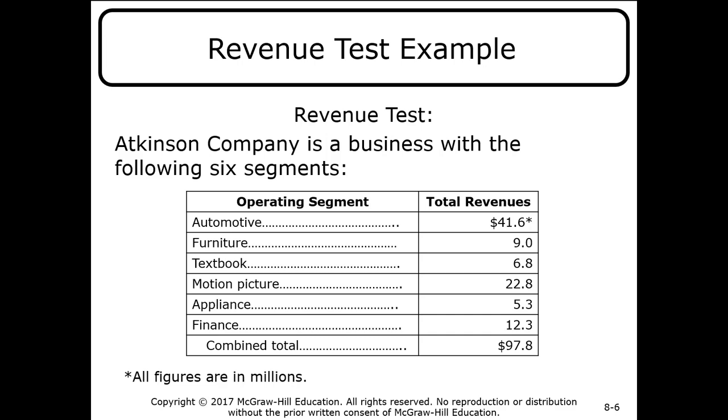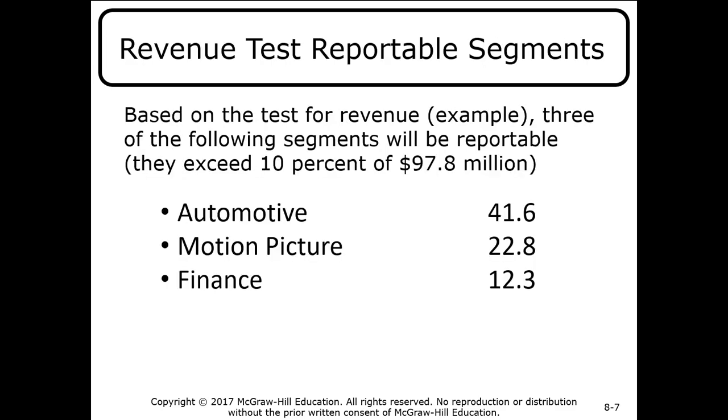Any segment above total revenues of 9.8, which is the automotive segment at 41, the motion picture segment at 22.8, and the finance segment at 12. So those 3 segments qualify under the revenue test.